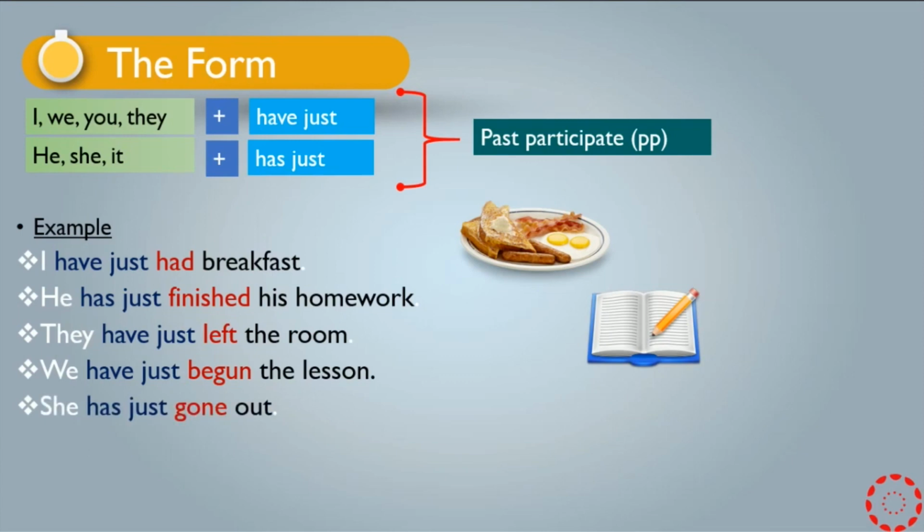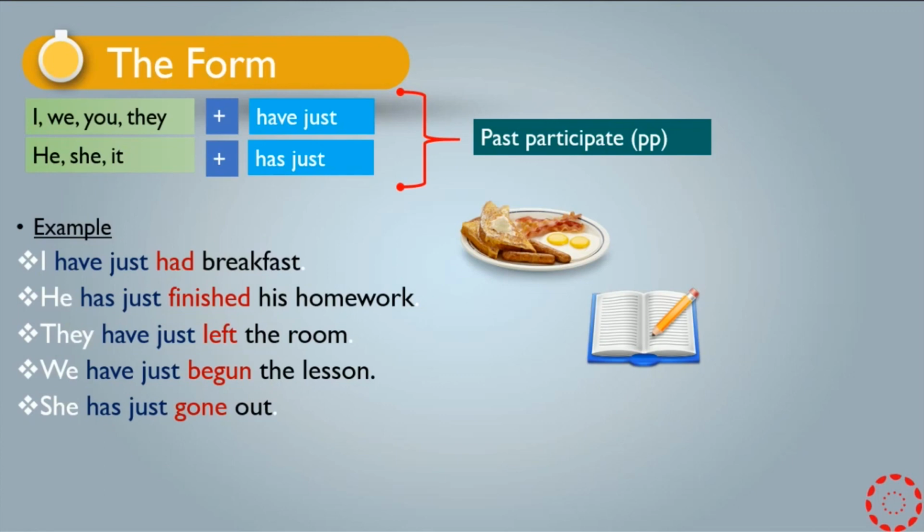In order to be familiar with this subject, you have to memorize or know the past participle of the irregular verbs. Okay, because we have verbs that change from present to past by ed, and we also have a lot of verbs that change by the structure of the word, which are called irregular verbs.